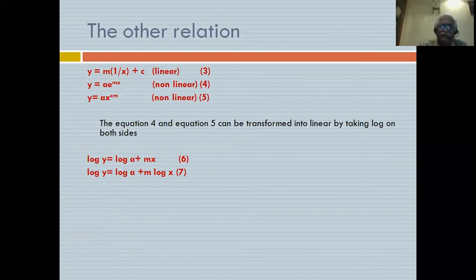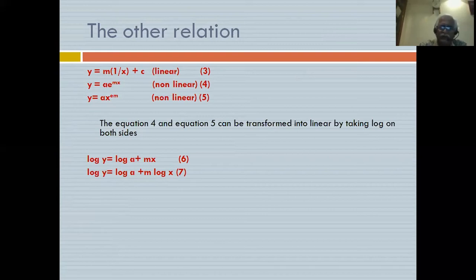The third equation is y equal to m times 1 by x plus c. It is also a linear equation. Here the x-axis data is 1 by x. Now y equal to a e to the power mx is non-linear. And y equal to a x to the power m is non-linear.